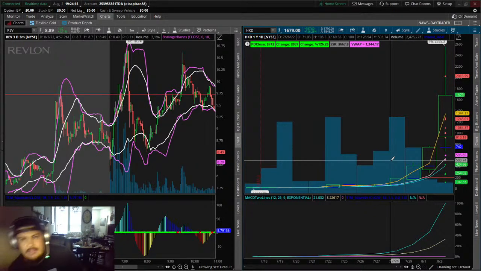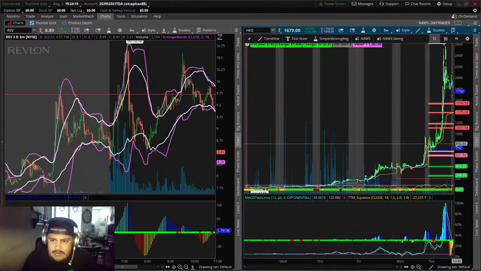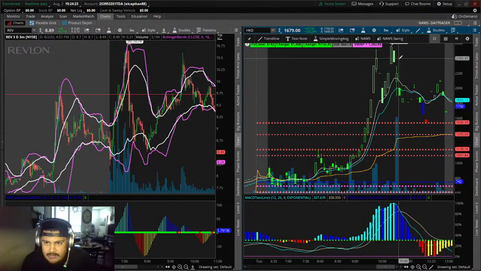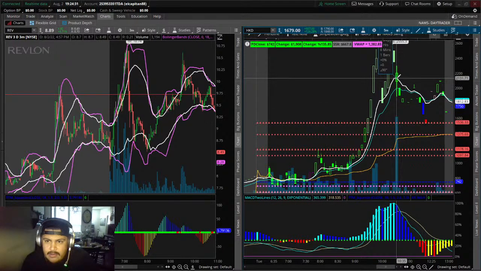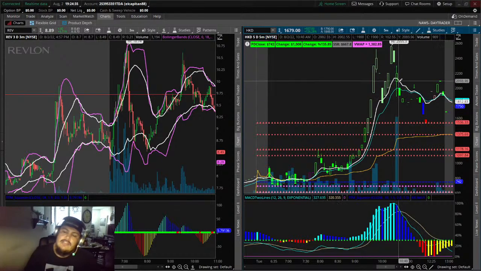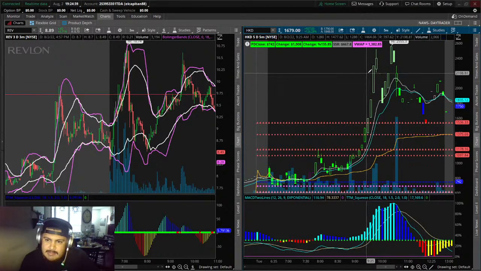Look at the higher volume candles for the day. Let's see which one would be higher. This one. There it is. Volume. There's only 12,000 shares traded within this candle, and that's the biggest one of the day. I think this thing spent more time being halted than it did actually trading today.